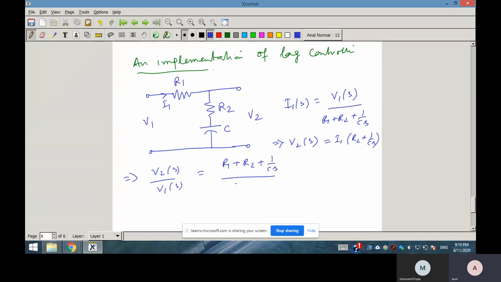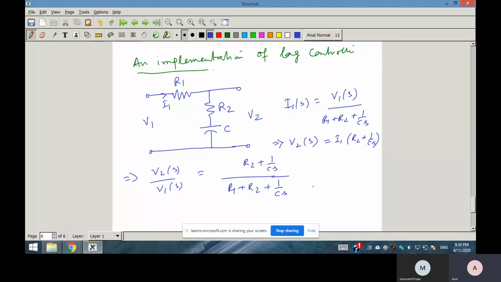I1 equals V1 divided by R1 plus R2 plus 1 by CS, so V2 by V1 will be R2 plus 1 by CS divided by R1 plus R2 plus 1 by CS.